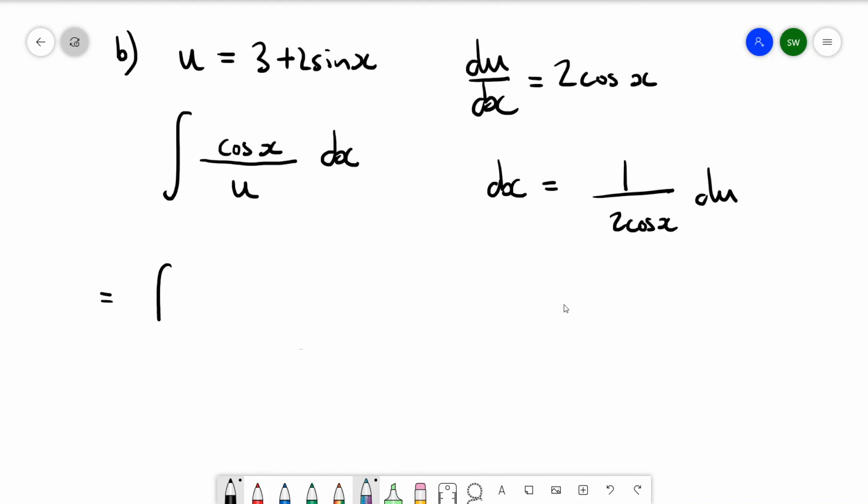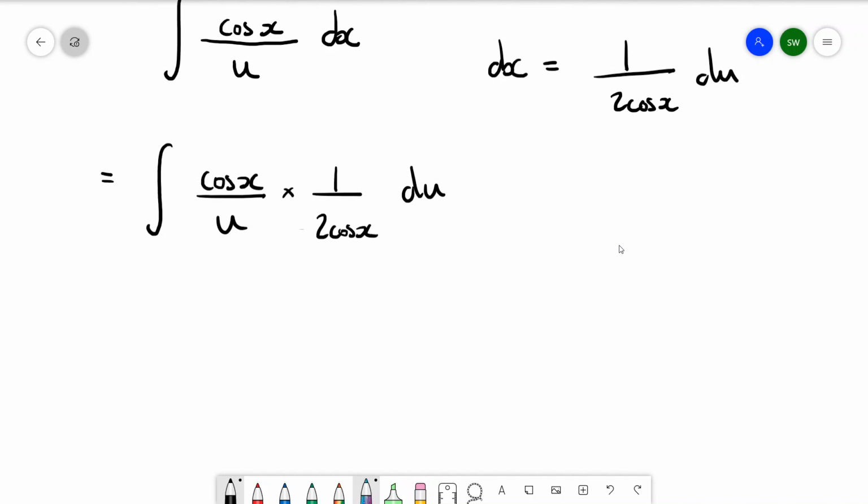So our integral is going to become, I'm going to leave cos x on the top, and we're going to multiply by 1 over 2 cos x, divided by 2 cos x. And then you can see that this helps us because now we're going to cancel the cos x's, and we're going to have the integral of 1 over u times a half du.